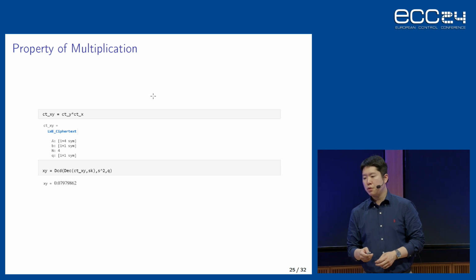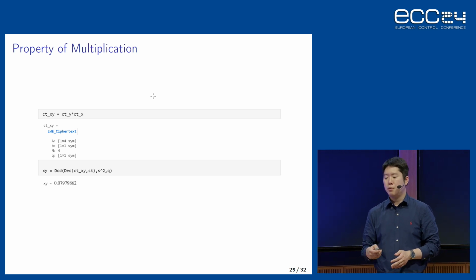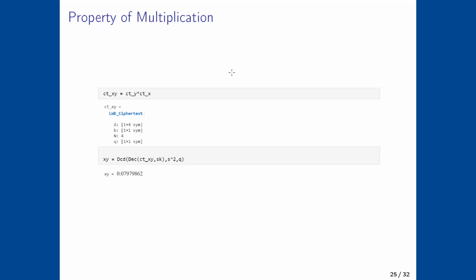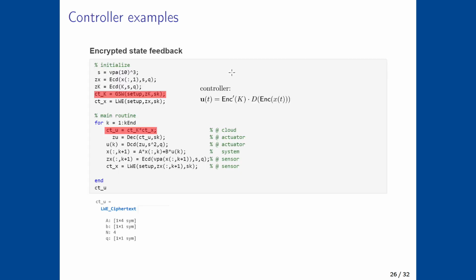So that you can check the property of multiplication as well, so that when you do the multiplication and decrypt it, you will obtain the operation outcome that matches the plain text. And then you can also check that this multiplication method can be used for a control example.